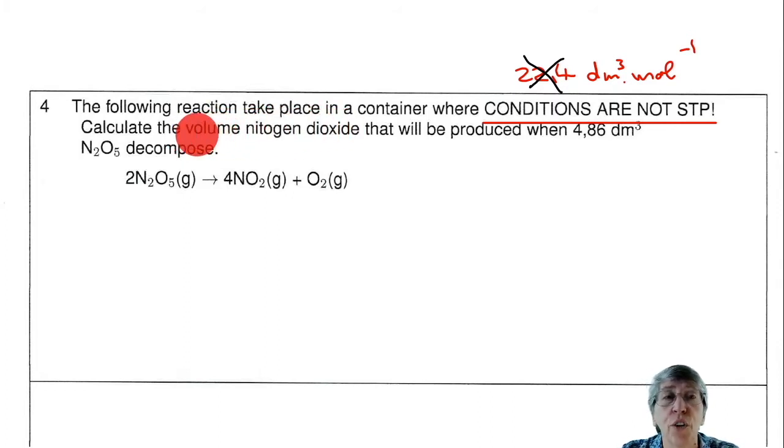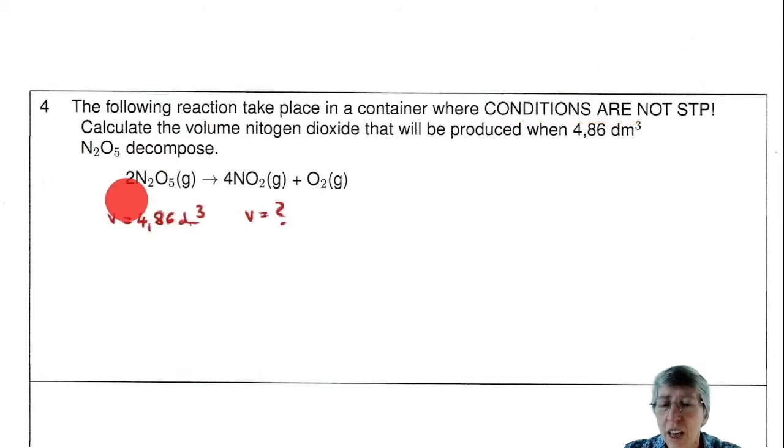So we've got a volume there of a gas. And what they give us is, once again, the volume of a gas. So they ask us to calculate the volume of the nitrogen dioxide that will be produced when 4,86 cubic decimeters of N2O5 decompose. So they're giving us N2O5, they're asking us NO2.